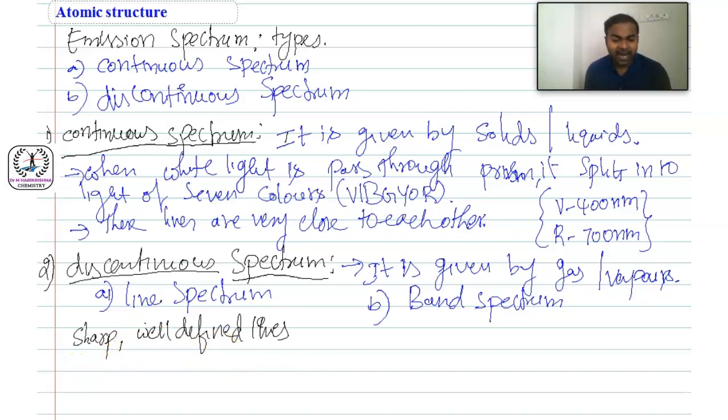Normally it is given by atoms present in a gas or vapors. Those atoms show this line spectrum, hence we can call it atomic spectrum also.